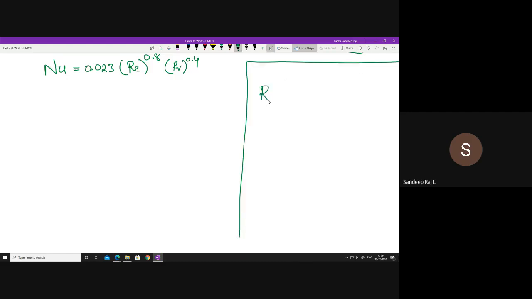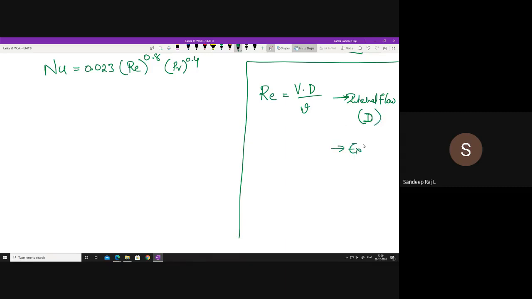The Reynolds number is equal to Vd by nu, which you will use in case of an internal flow. In case of internal flow, D is the characteristic dimension here. Whatever the characteristic dimension is, it varies for the kind of flow.